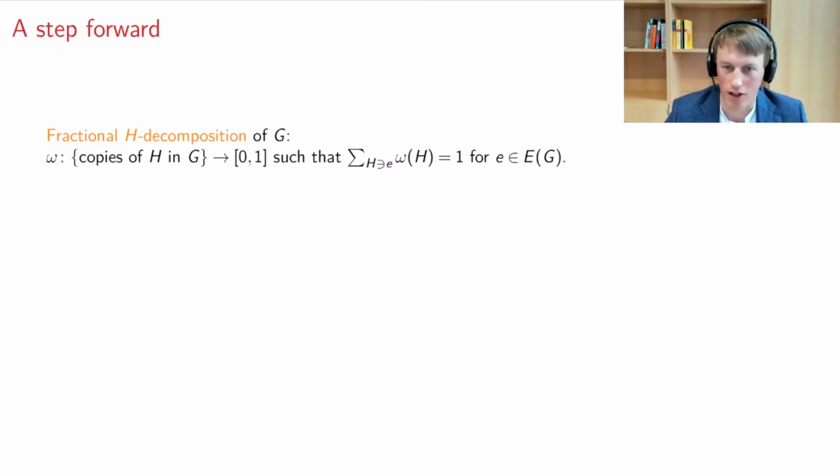You're allowed to use any fractional version of it, and you still require that each edge is taken once, so that the weight summed over all triangles that contain this edge is still 1. And of course, you can also define a decomposition threshold for this fractional version, which should be at most what you had before. Let's denote that by an additional star, so delta star of H.